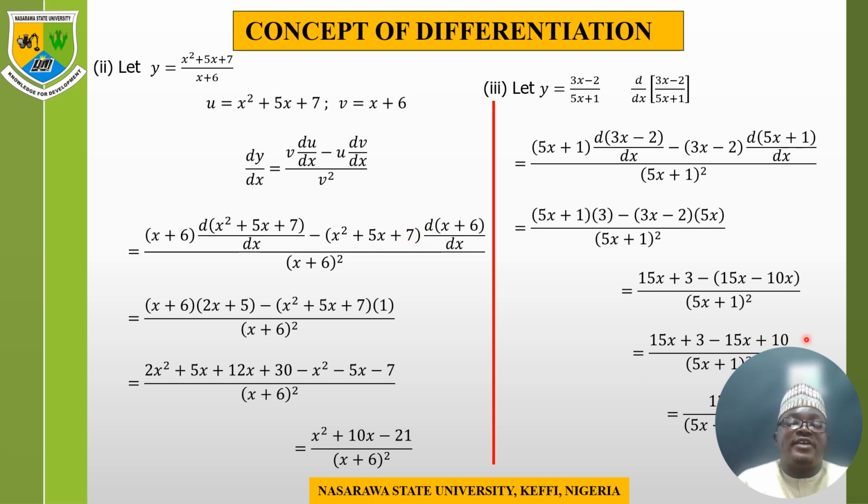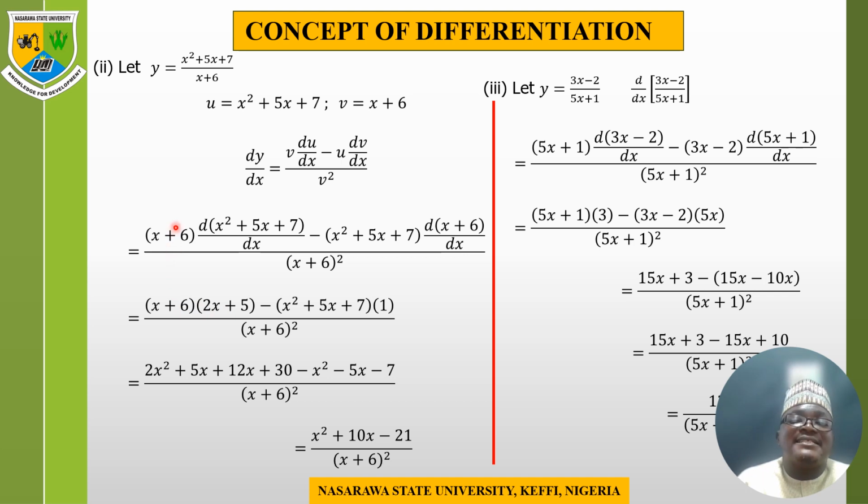Then when you differentiate, you get back to this function. Then when you differentiate this one, you get 1. When you differentiate this one, you get 2x, plus when you differentiate this one, you get 5. This one is constant. You are going to have 2x plus 5, which is this.